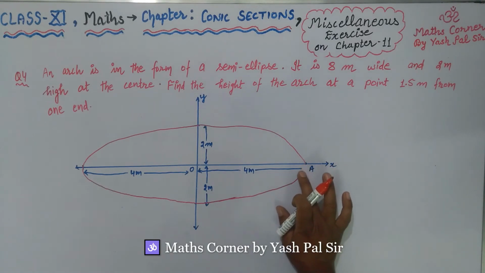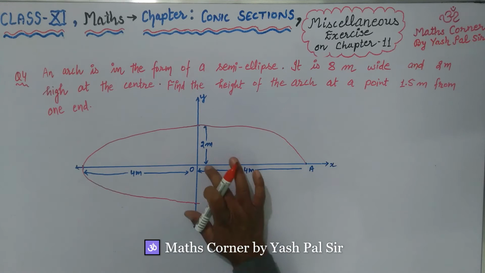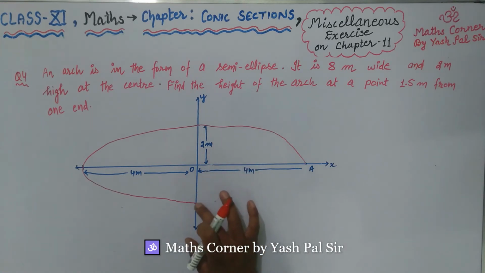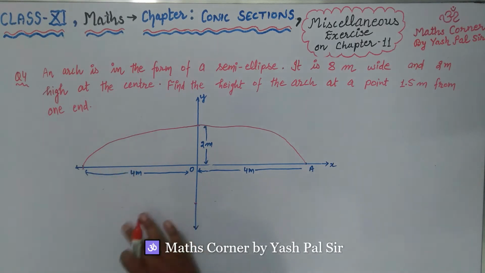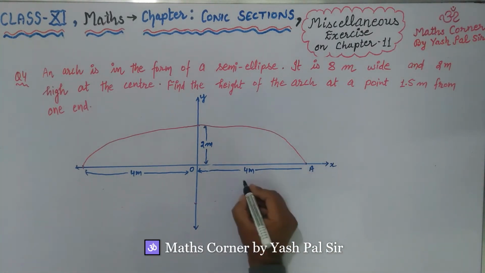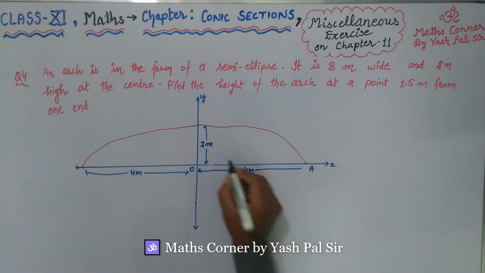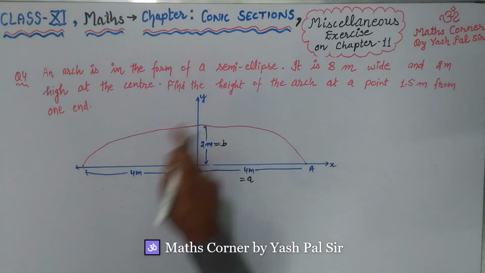Semi-ellipse means downward we are eliminating, right? Only we are left with semi-ellipse. Here this is clear that 4 meter means this is the value of A, and 2 meter this is the value of B.